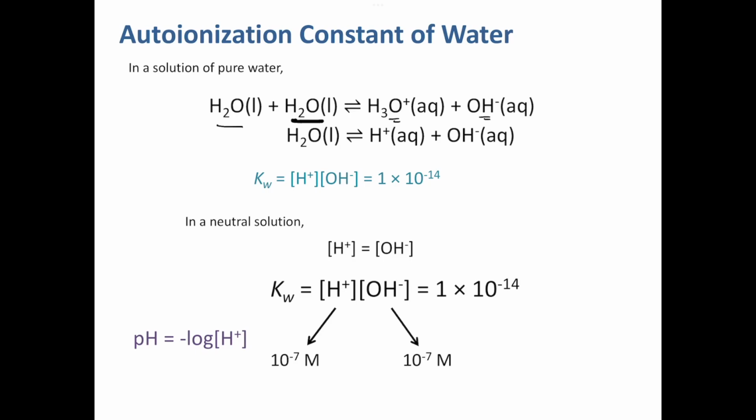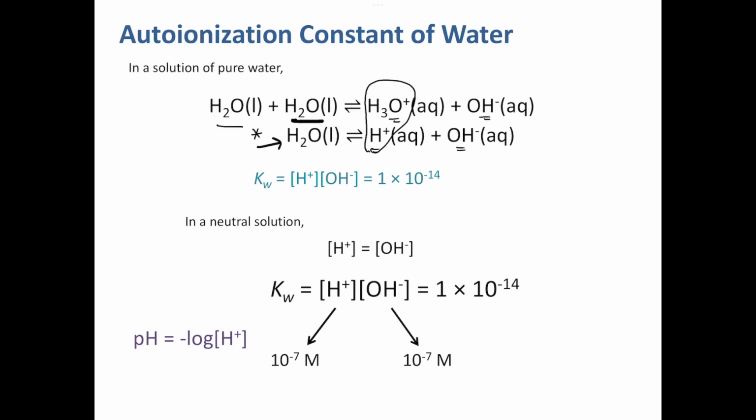If we were to write a simplified version of this reaction, what we would be looking at here is the autoionization of water to give us a hydrogen ion and a hydroxide ion. So again, the simplified version of this reaction is used very commonly in chemistry, where our hydronium ion and our hydrogen ion are used interchangeably.